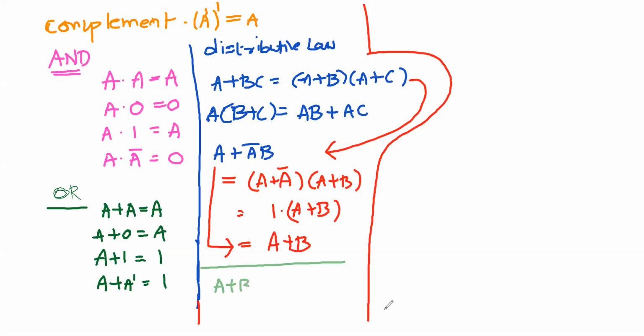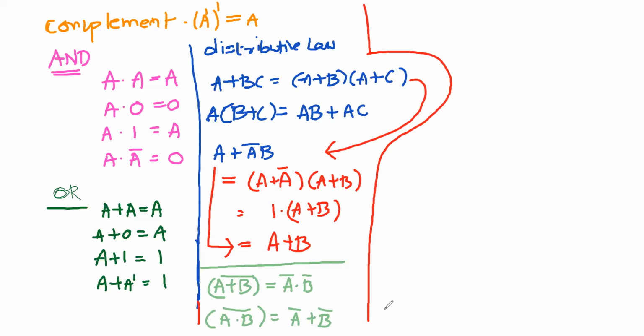A plus B whole complement is equal to A complement and with B complement. And another law was A and B whole complement is equal to A complement or with B complement.